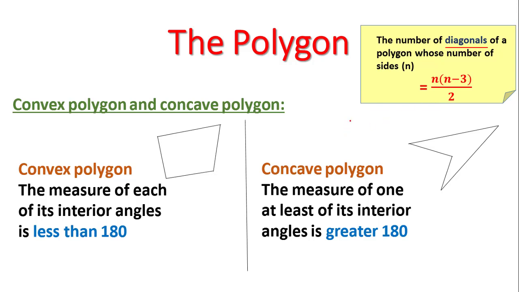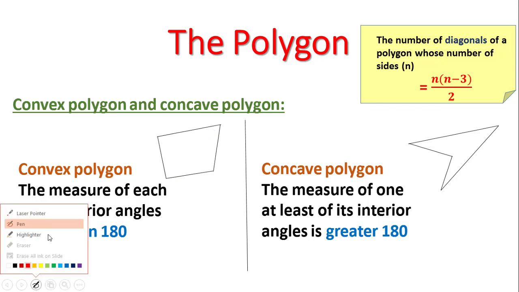Let's see. For example, if the number of sides is 4, it means we have a quadrilateral like here. How many diagonals do we have? We can draw this first diagonal and here we have the second diagonal. So the number of diagonals in a quadrilateral is 2. Let's try to use this rule.